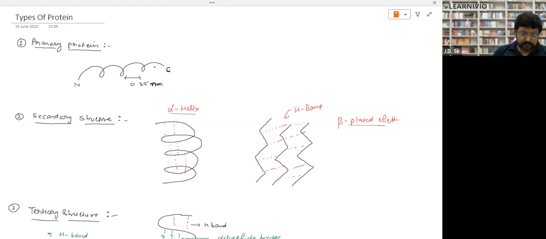Next, secondary structure. Amino acids are present in a linear sequence inside the polypeptide.